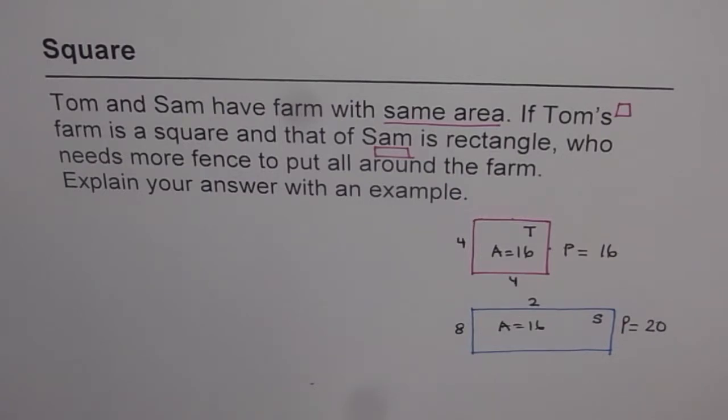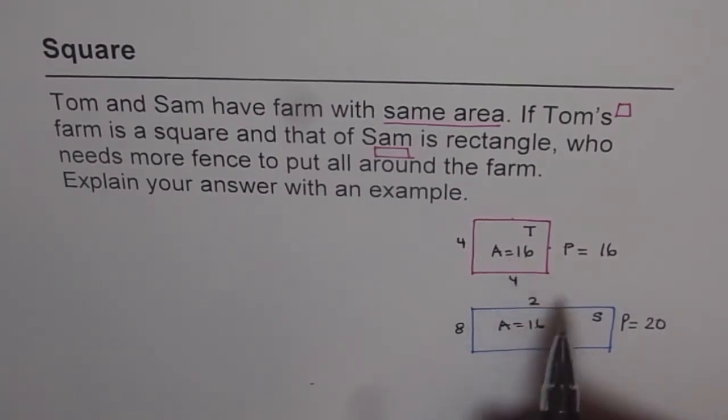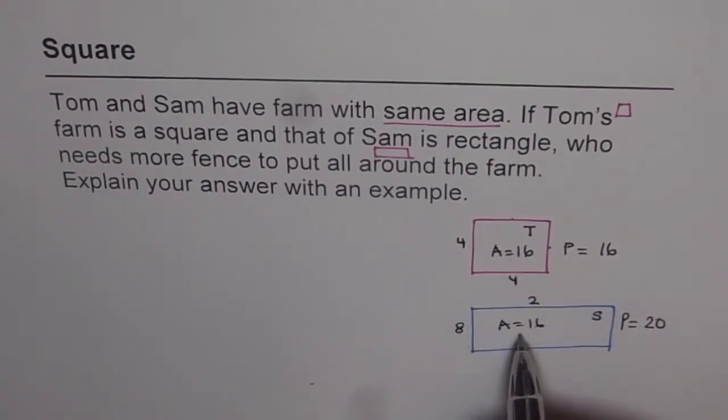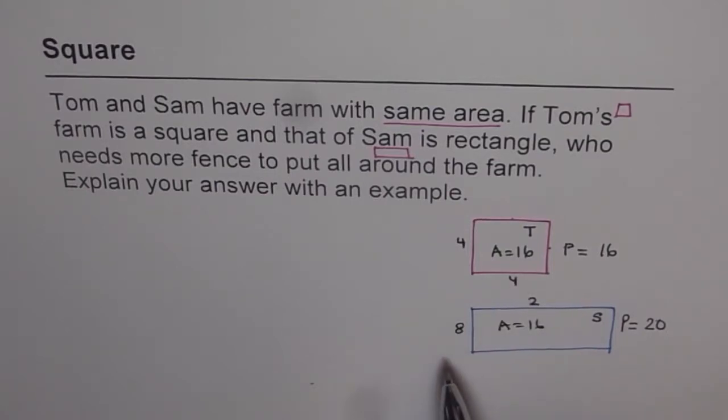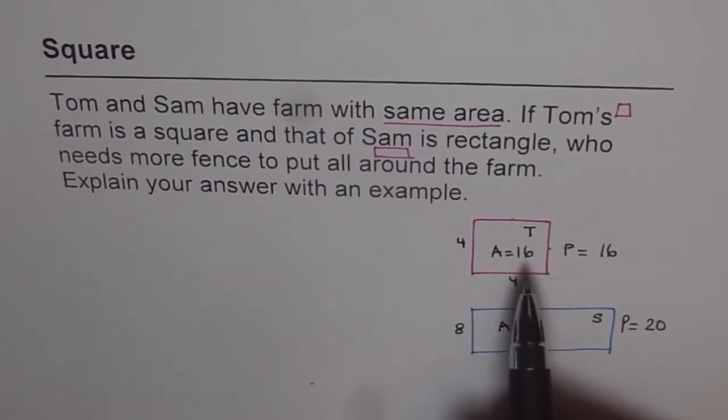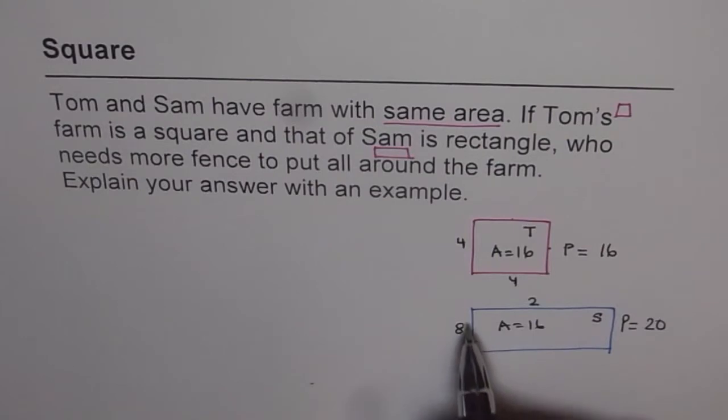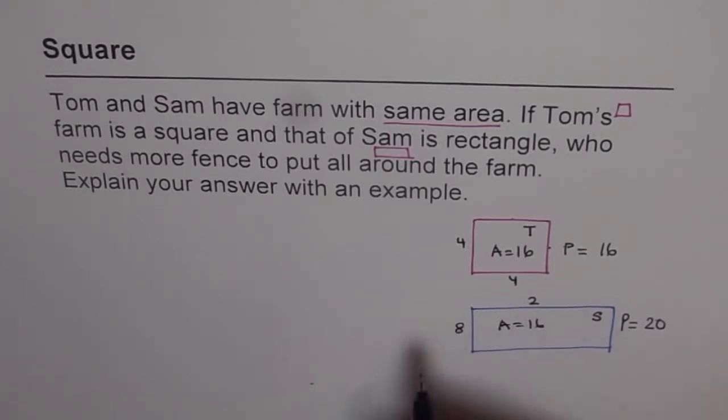A square field with the same area as that of a rectangle field will require less fencing. It is the one figure with the least perimeter. For the same area, what could be other rectangles? The other rectangle could be flatter than this. It could be 1 times 16, for example, right?